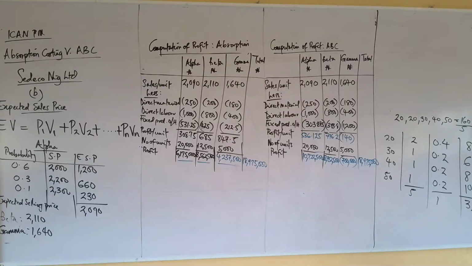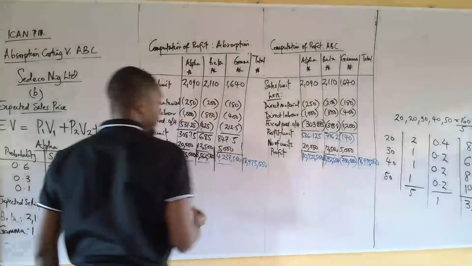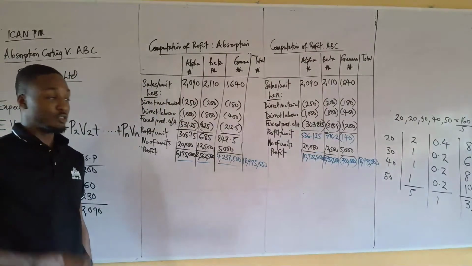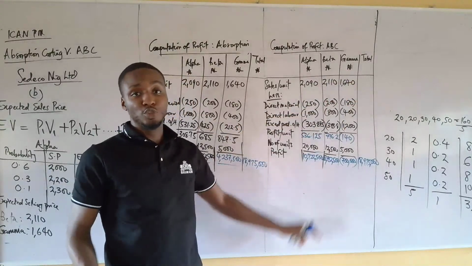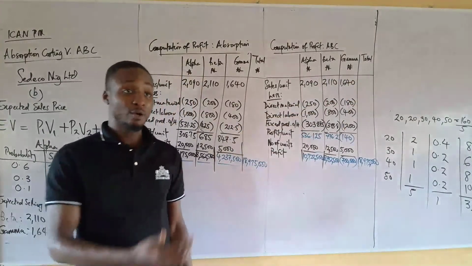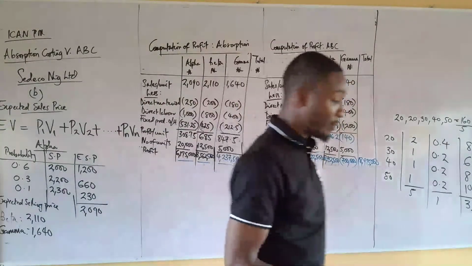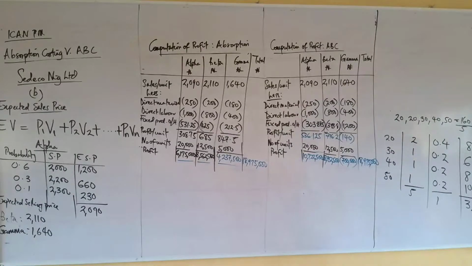In absorption costing, they would be measuring all of them the same, not being able to track which cost to reduce. Using ABC, you'll be able to track that gamma is spending too much. Choose whether to discontinue gamma, continue gamma, or task gamma with better ways to reduce cost or increase revenue.